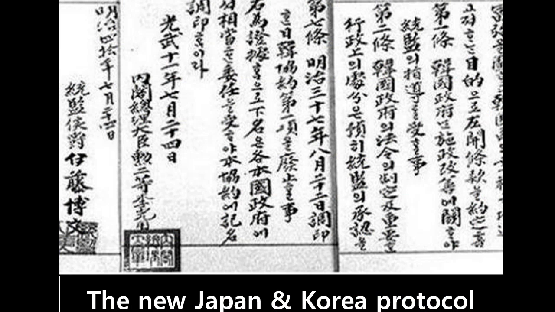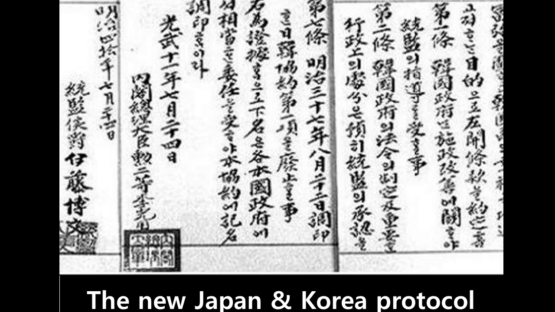In July 1907, Japan again forced Korea to sign the New Japan-Korea Protocol. This protocol made it easier for Japanese to become main officials of the Korean government. And because of this protocol, almost all of the main officials were Japanese.